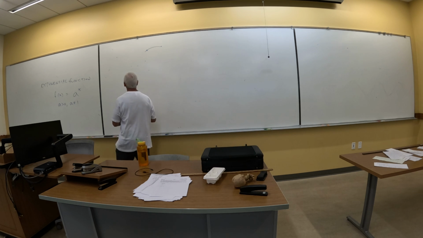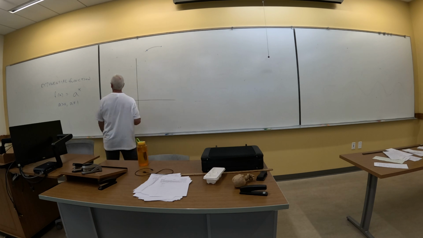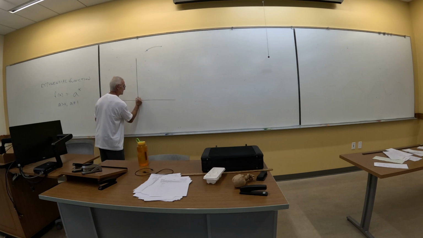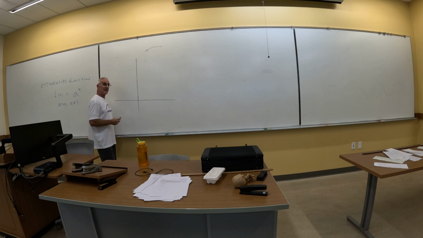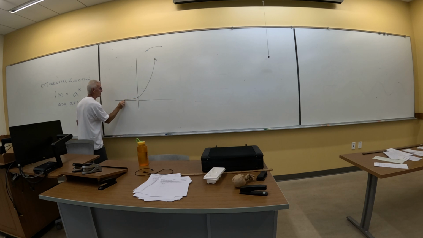So, if I were to draw a graph of an exponential function, we know that if I raise it to the 0th power, I'm going to get a 1. So they generally will always intersect at 0, 1. And if a is bigger than 1, then it basically is going to do that, and then on this side, that.